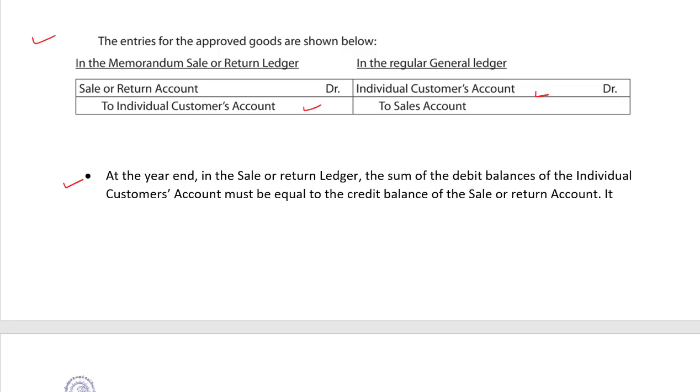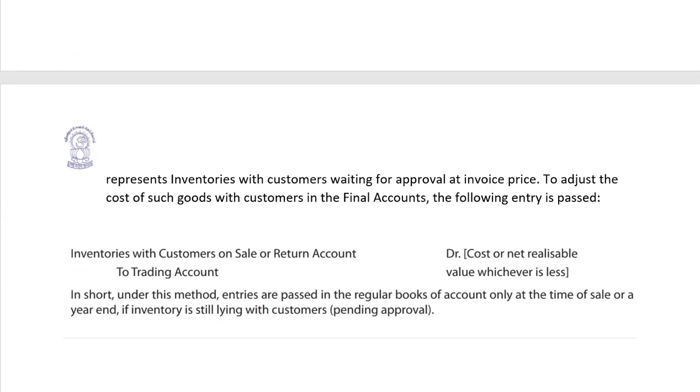At the year end, in the sale or return ledger, the sum of debit balances of the individual customers' accounts must equal the credit balance of the sale or return account. It represents the inventories with customers waiting for approval at invoice price.